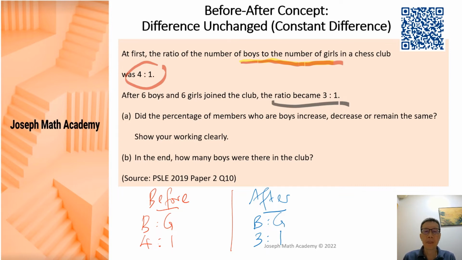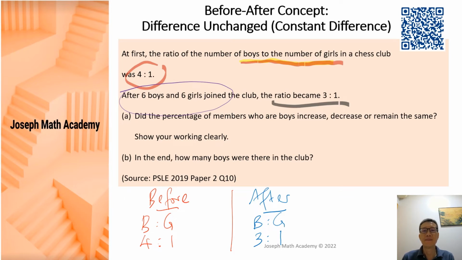Now, these two ratios happen because of 6 boys and 6 girls joining the club. So this is the one that we are aware of. Both the boys and the girls have the same number of increase.